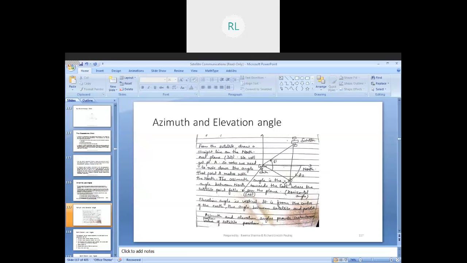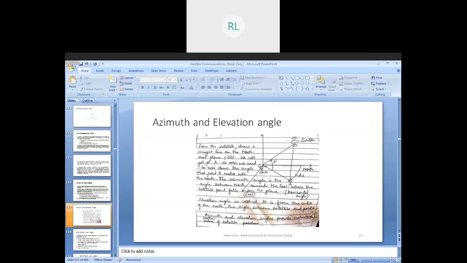Next, this is the angle of elevation. Azimuth angle is to the northern plane, the angle that gets created with the northern plane. You have north and east plane. Elevation angle is vertical.